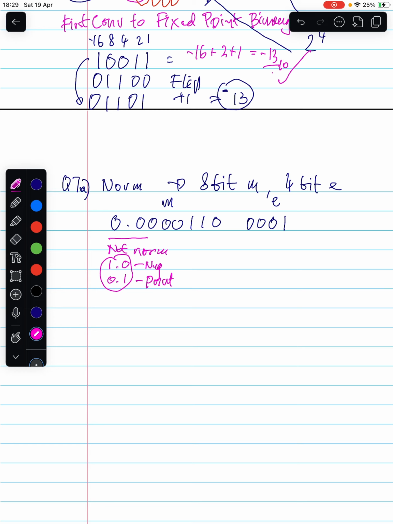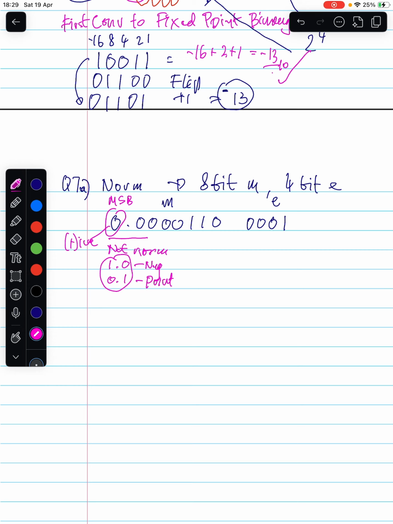Okay, so we need to normalize it. This number is actually positive, because the most significant bit of the 2's complement number tells us we're dealing with a positive number.